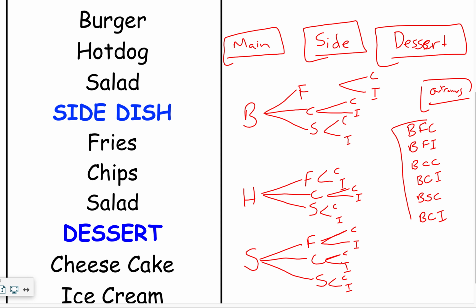These 6 options alone came from just that burger. I'm going to have 6 more options here and 6 more options there for a total of 18. Again, another way to find that would have been 3 main dishes times 3 side dishes times 2 desserts, which would have got me to 18.